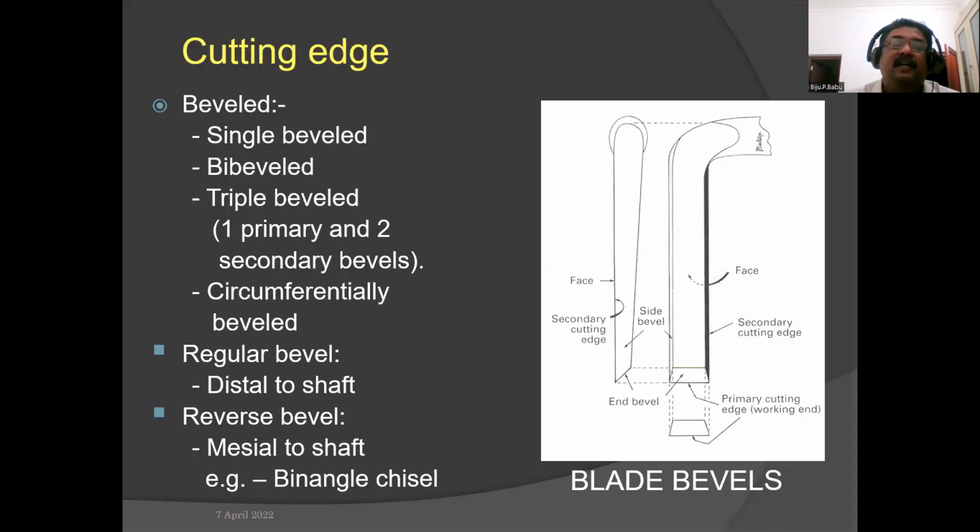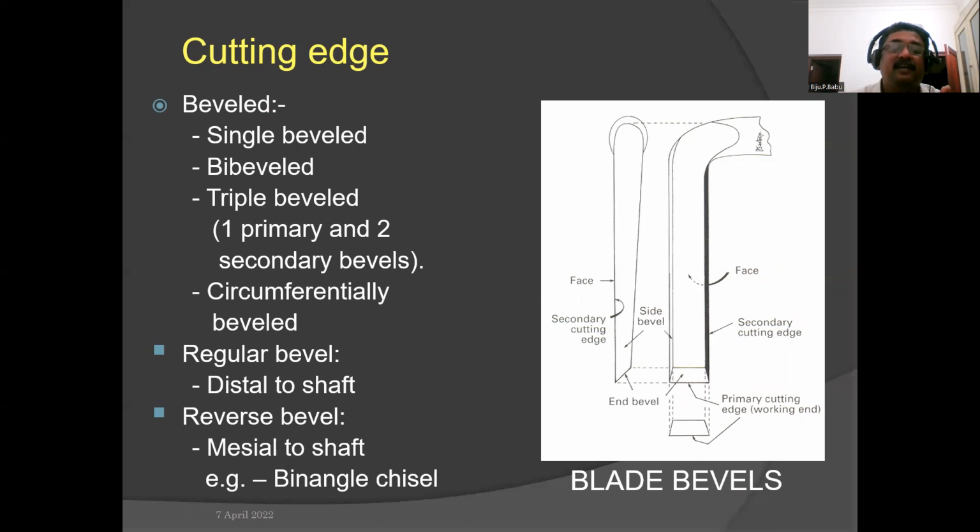Now, usually the cutting edge can be beveled, having a single bevel, a bi-bevel, a triple bevel, that is one primary and two secondary bevels, or a circumferential bevel. The bevel is the cut given to the end of the blade portion, so that the blade terminates into a cutting edge.